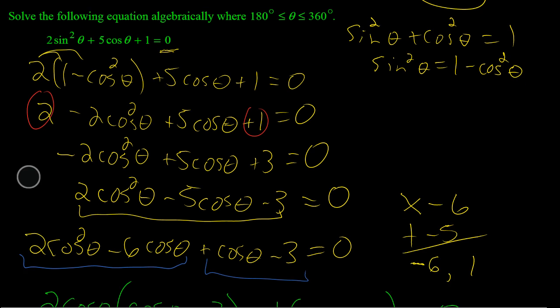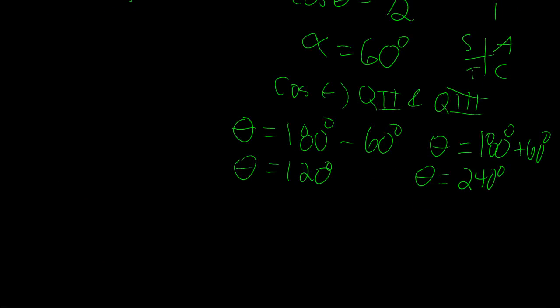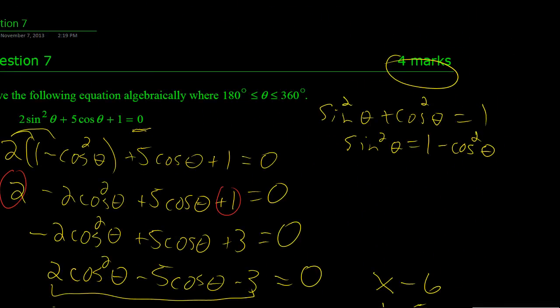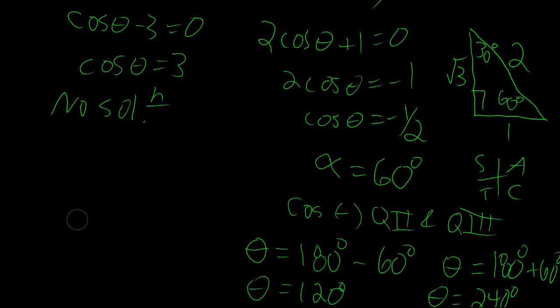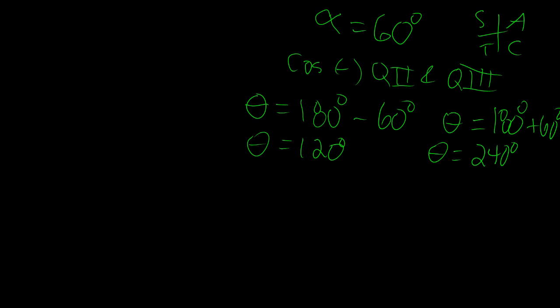So there's nothing that we have to throw out because both solutions are between 180 and 360. No, they're not. Sorry. So we do have to throw away one solution here. Okay? So obviously the solution we throw away, and you could lightly cross it out, and you could say not in interval.